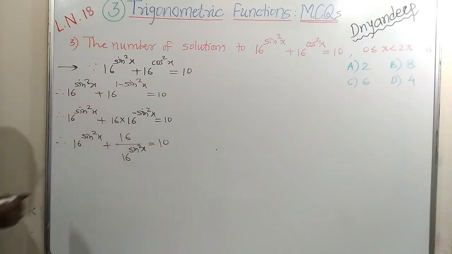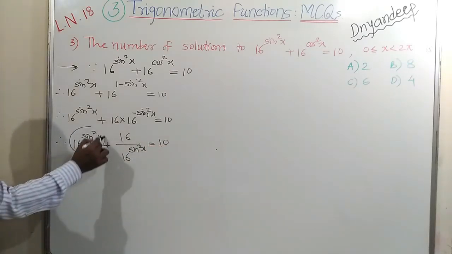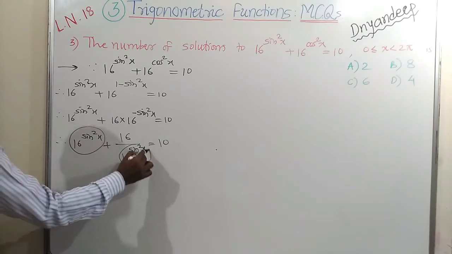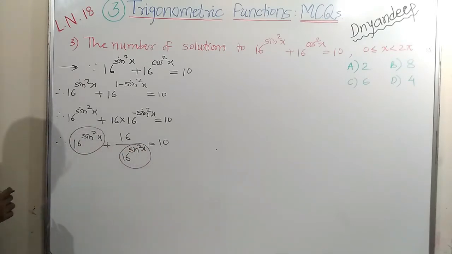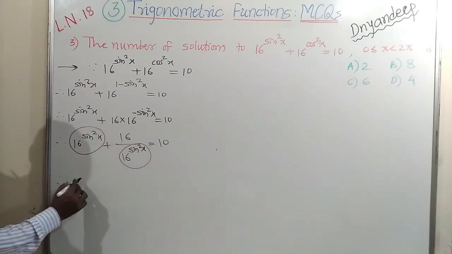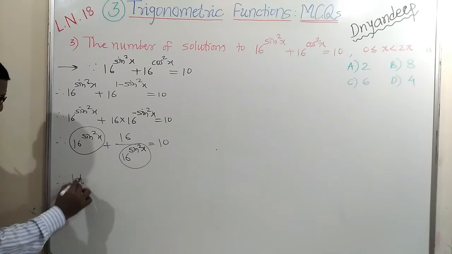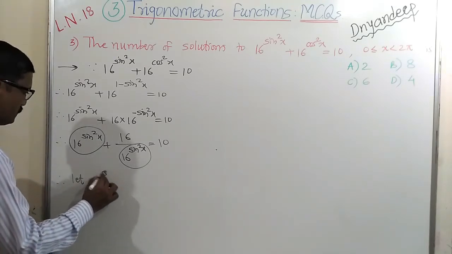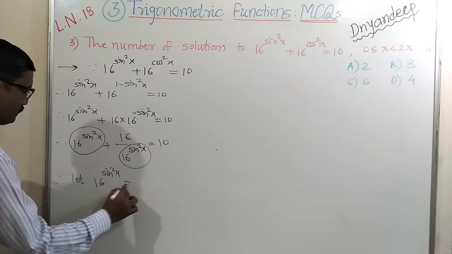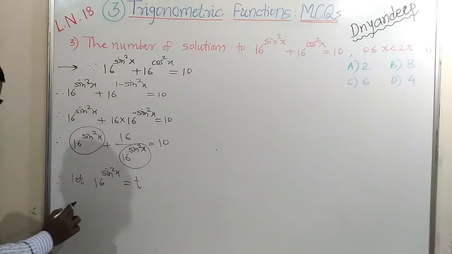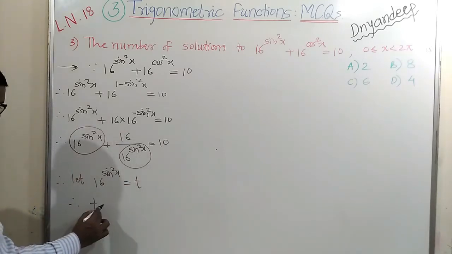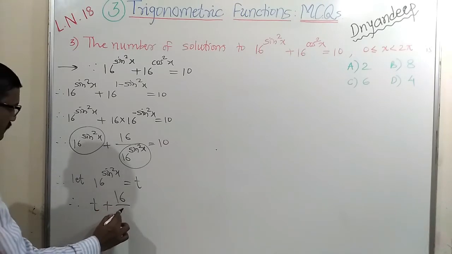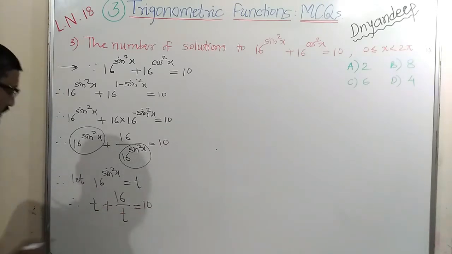Now at this stage, suppose this 16 raised to sin square x is equal to a certain variable, let us suppose it as t. Therefore let 16 raised to sin square x equal to t. Therefore this equation will become t plus 16 upon t equal to 10.